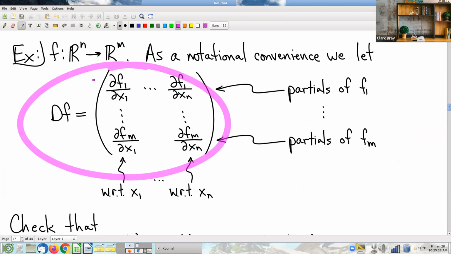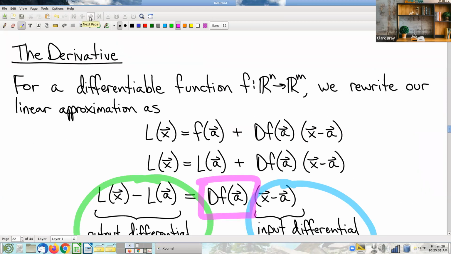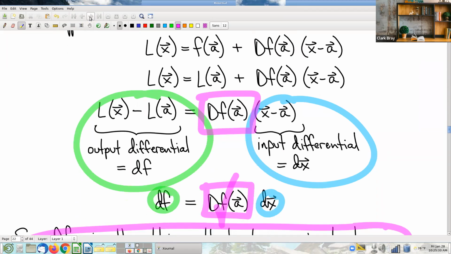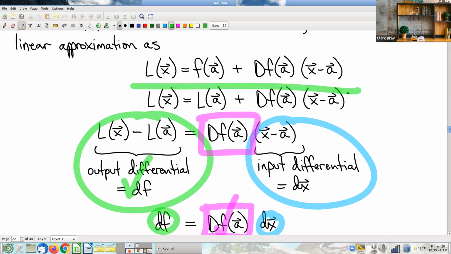Remember, it was a notational convenience when we were writing down linear approximations. And lowercase df is the thing I was talking about before. It's our linear estimate of how much the function changes. In other words, looking at this formula, I was at the point a, now I'm at the point x.